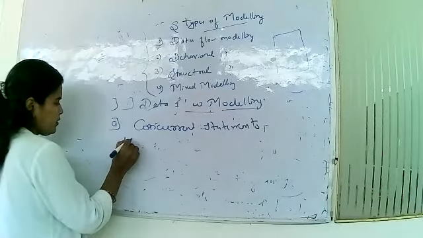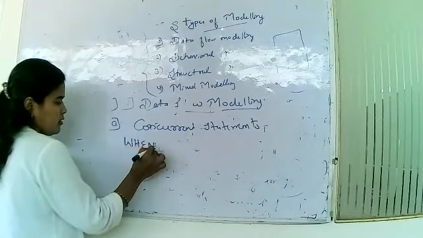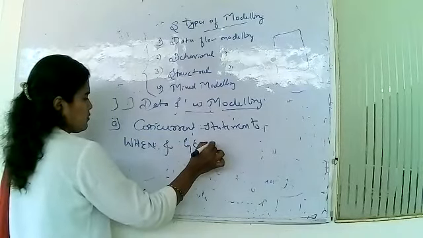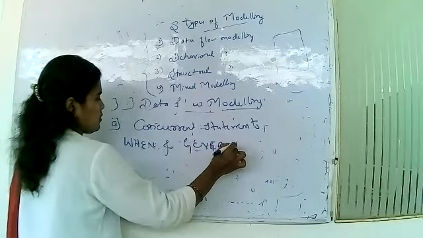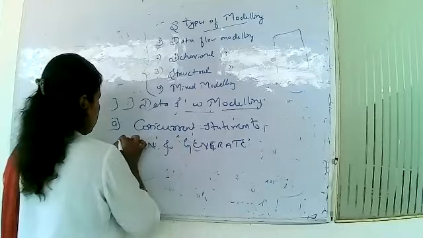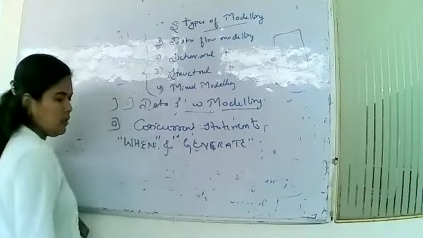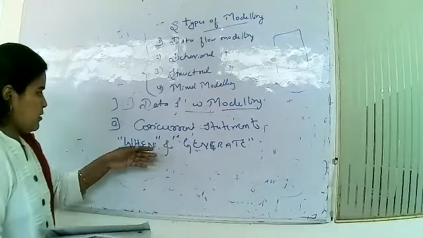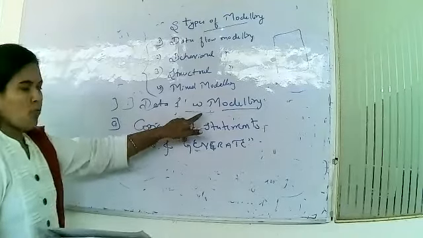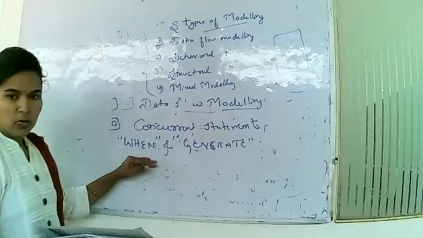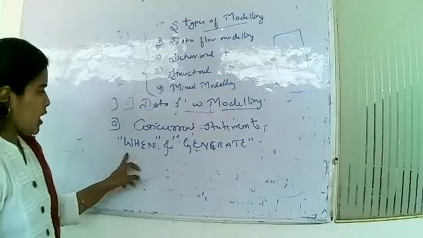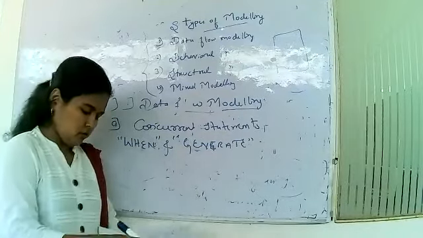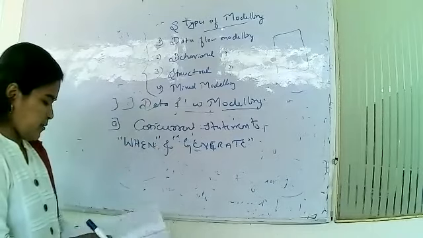What are those? When and generate are the two concurrent statements. About this we will study next. After data flow modeling, we will study one by one how to use when and generate, with examples. So the first one is when and generate.